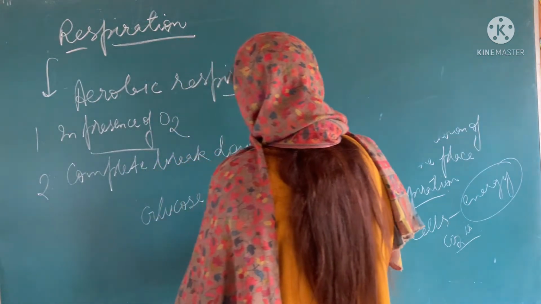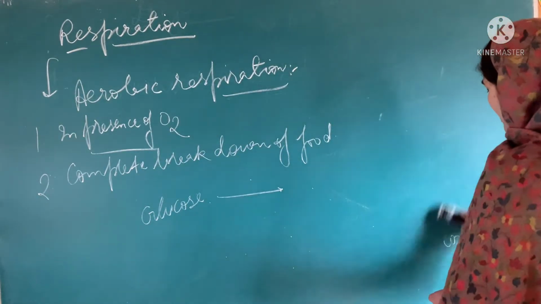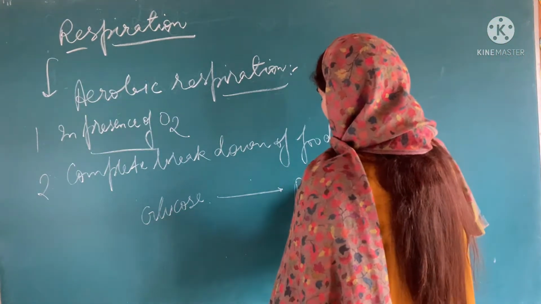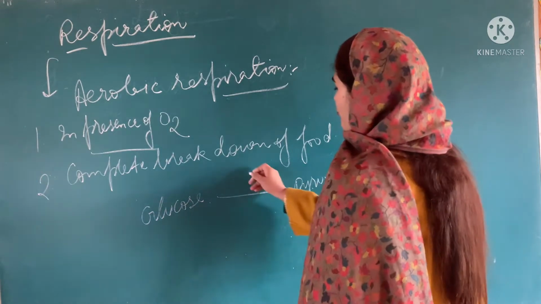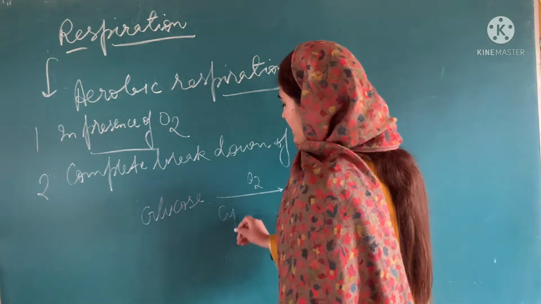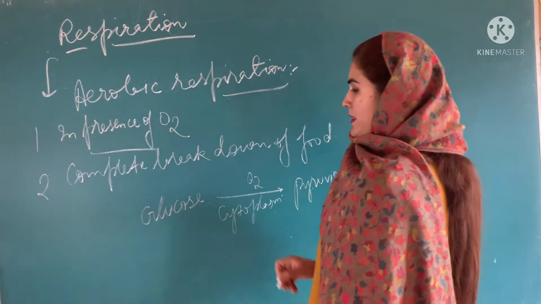So this glucose will be broken down completely into, first of all, pyruvic acid, in presence of oxygen, and this process takes place in the cytoplasm.